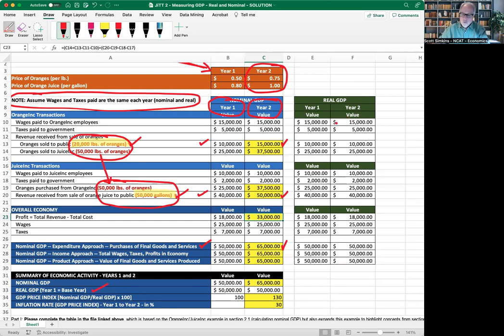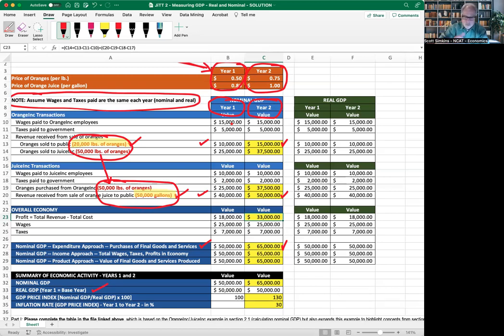So we measure the value of output, 20,000 pounds of oranges, 50,000 gallons of orange juice, and we're going to measure that each year in terms of base year prices, in terms of year 1 prices. But that's the same thing as nominal GDP. The definition of nominal GDP is the value of all final goods and services produced in the economy in a year, in current year prices.